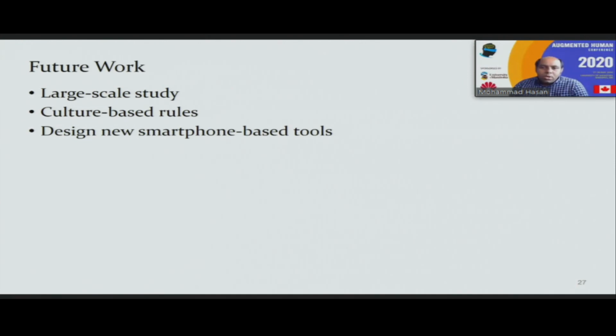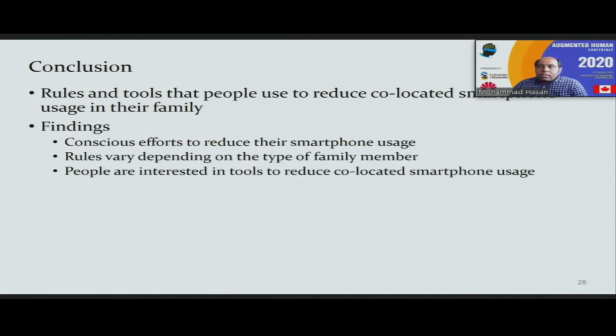Also, our participants are from North America, so one idea might be to recruit participants from different countries so that we could do some culture-based analysis on such rules and tools. And the next step could be designing tools considering those privacy, awareness and rules. So that's the overall idea of the paper.